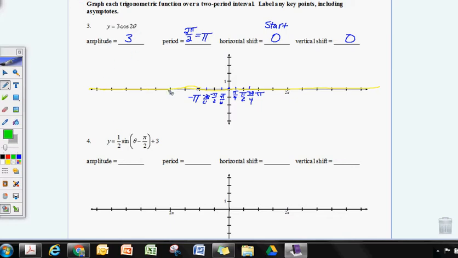So we're doing a cosine wave. A cosine wave starts at its highest point. If you are going to be guessing at what that highest point is, label it for me. I know that that's 3. Then I come down, I hit the yellow line, and I'm also supposed to hit -3, back to my yellow line, back to my highest point.